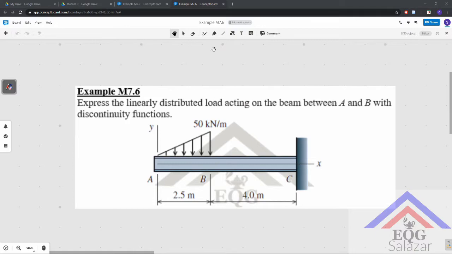Okay, so if we pass a cutting plane here, it would not be hard for us to determine the loading function in terms of x, because it's not discontinuous, it's from A towards the cutting plane.